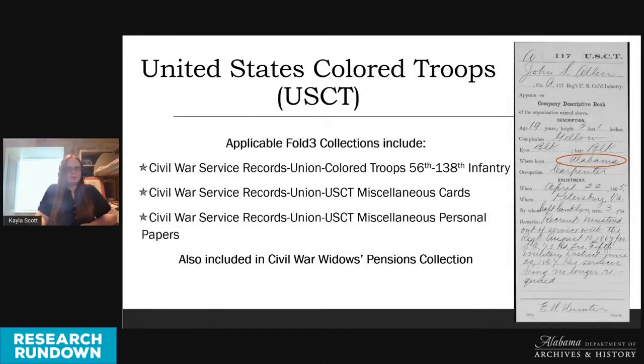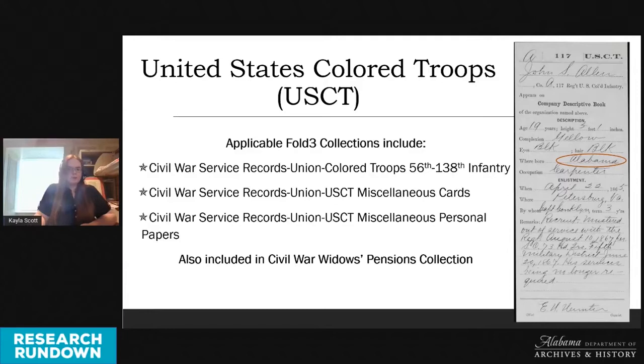Many free African Americans, as well as those who escaped enslavement, also joined the USCT. Determining which regiment they joined can be difficult, but the use of keyword searches using Alabama can prove helpful in finding those who noted their birth or residence in the state.